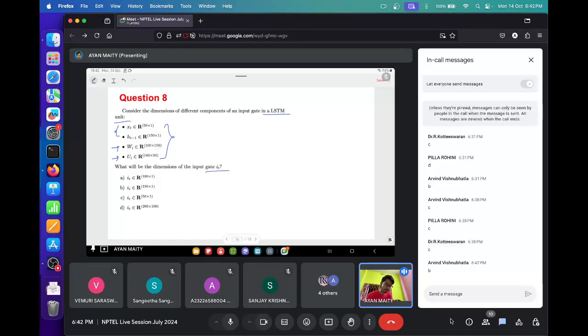Arvind Vishnu Bhatla says option B, which is 150 by 1.